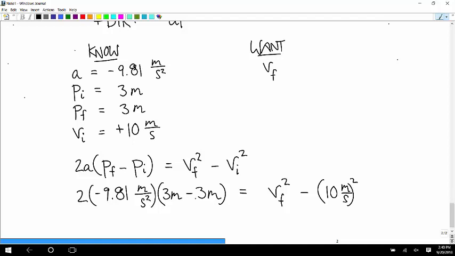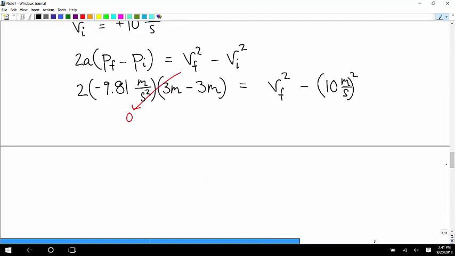The second factor in parentheses goes away, and so all of this is equal to 0. And so what we get is, 0 is equal to VF squared minus 100 meters squared per second squared. You can rearrange that to say VF squared is equal to 100 meters squared per second squared.